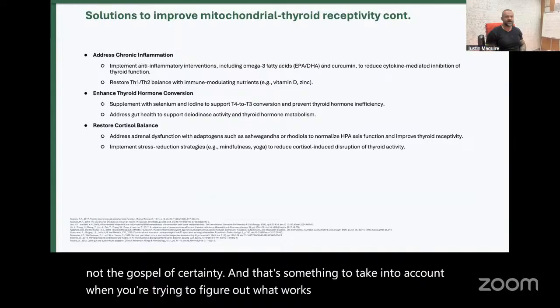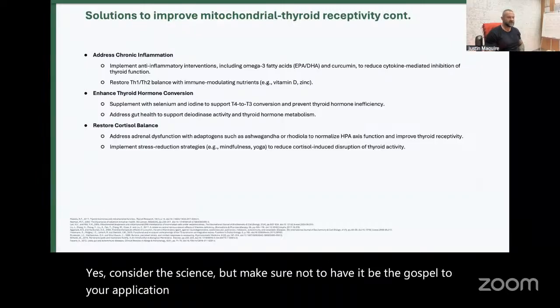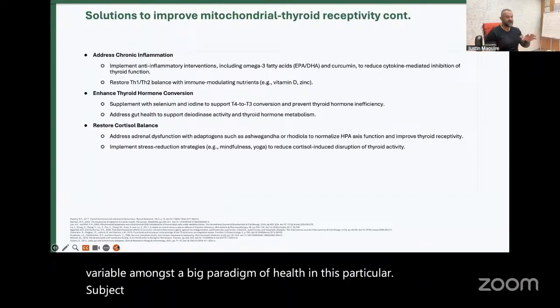Yes, consider the science, but make sure not to have it be the gospel to your application. Always consider your lived experience as a variable amongst a big paradigm of health in this particular subject of mitochondrial thyroid receptor activity and how it relates to autonomic nervous system tone.